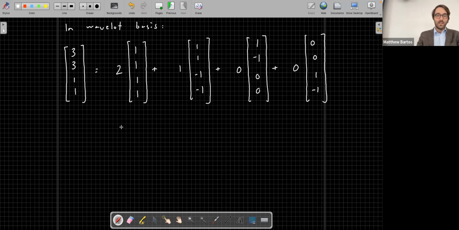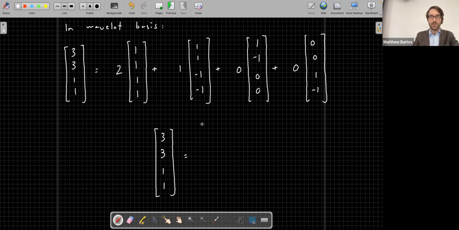If we want to write that in matrix vector product form, we have that 3, 3, 1, 1 is equal to the matrix formed by our basis vectors.